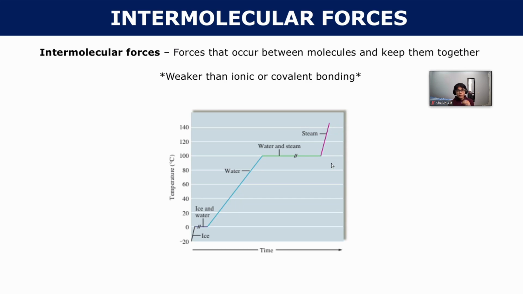The existence of intermolecular forces can be seen if you look at this heating chart right here. This is the heating chart of water, and you can see it starts off as ice. As you increase temperature over time, the temperature increases. Remember, temperature is a function of how fast the molecules are moving.